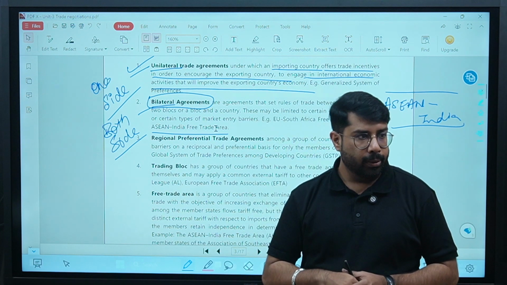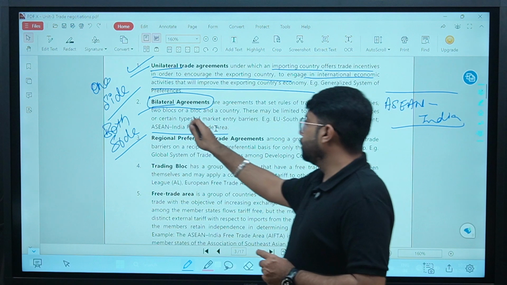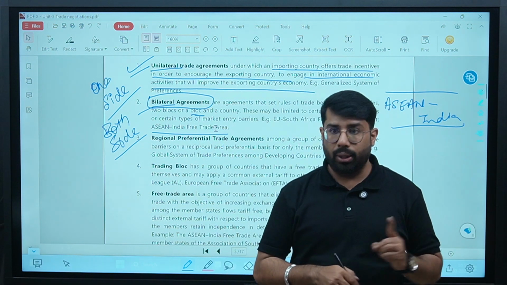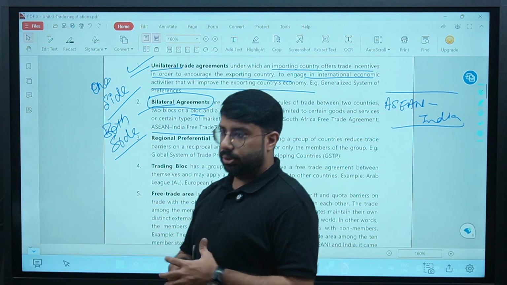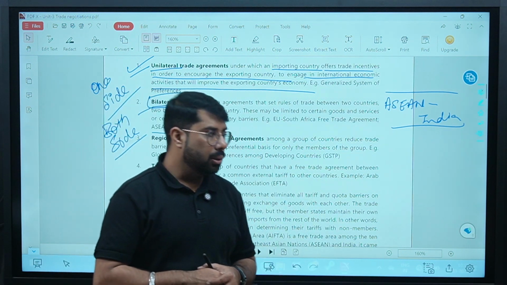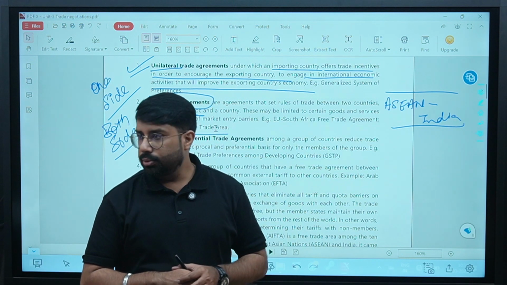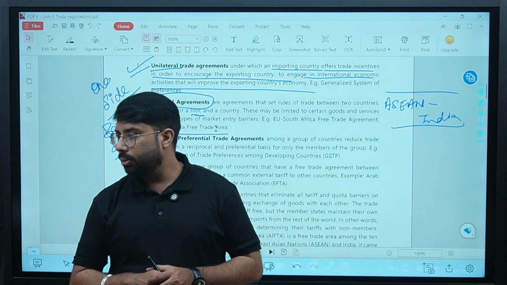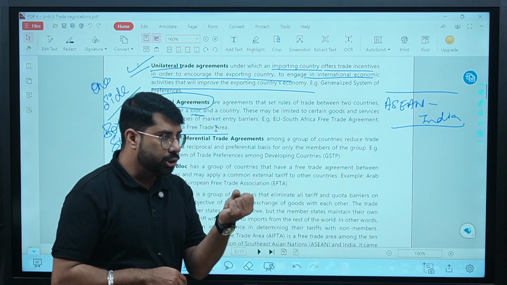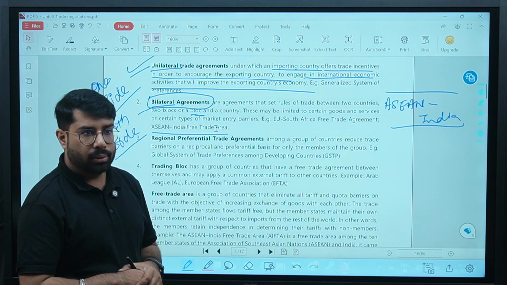Are you clear? Here one term is used basically, that is bloc, BLOC. It is not BLOCK, it is BLOC. Bloc means a group of countries, an international body like SAARC, BIMSTEC, ASEAN, BRICS, G20, G10, G5, like that. So when you talk about a group of countries, an association of countries, that is what we call bloc. Are you clear? Look at the screen.